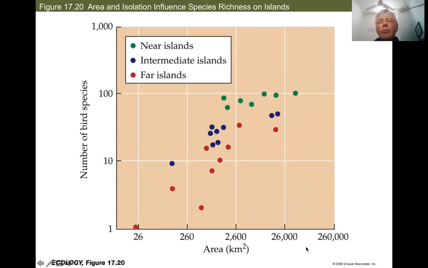This is again a log plot, and the number of bird species on the island. The red dots represent islands that are a long ways off from the mainlands. The blue are the intermediate distance islands, and the green are the far islands. And in all cases, you can see that these more or less fit what theory would predict of island biogeography.